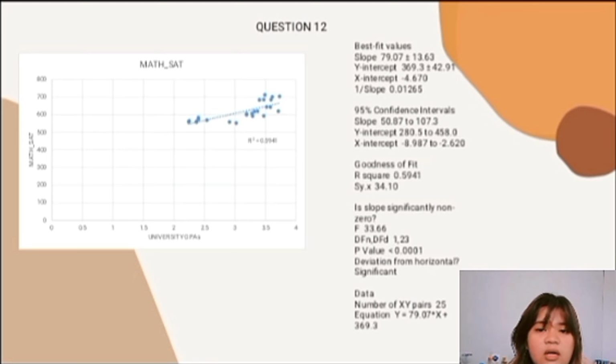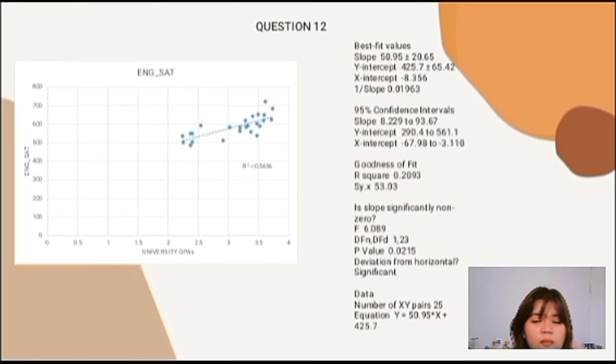And for the R-squared of the model is 0.5941. For English set score, we also have the same for the equation data for best fit values, 95% confidence intervals, goodness of fit, is slope significantly non-zero, and data. While for the R-squared of the model is 0.5696.